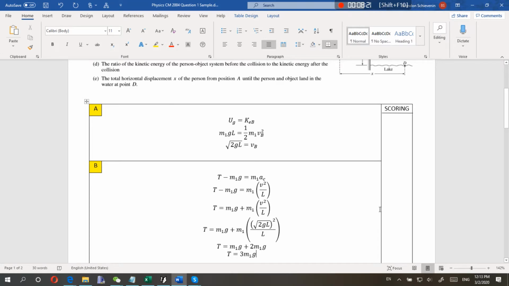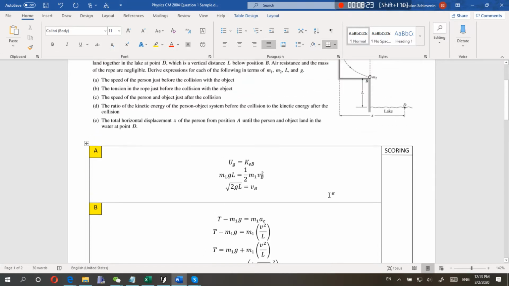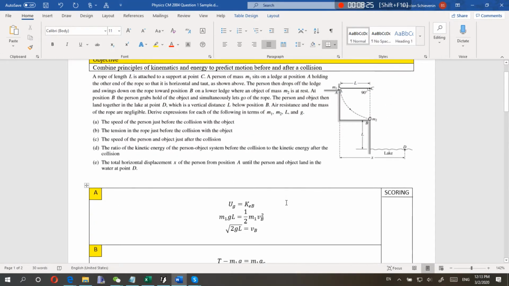All right. Then I need the speed of the person and the object just after the collision. Conservation of momentum. How can I set it up?